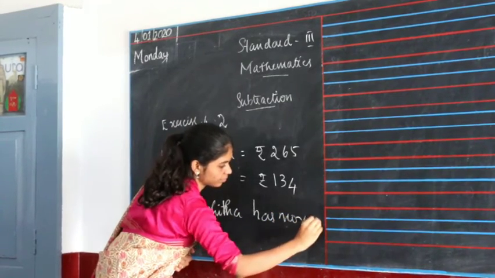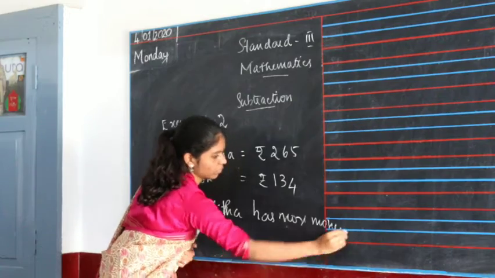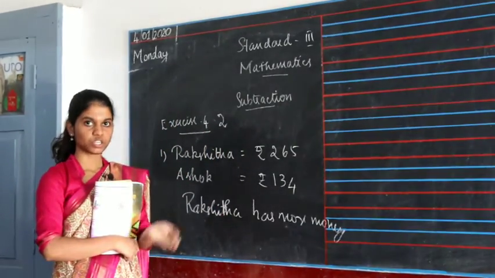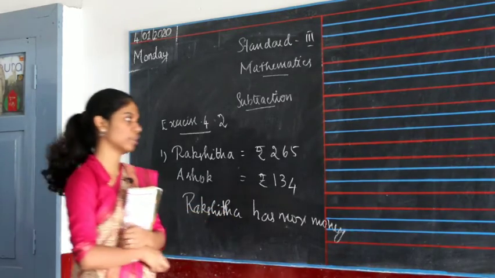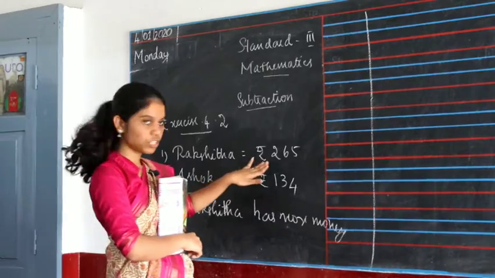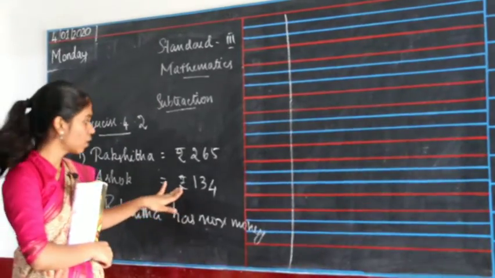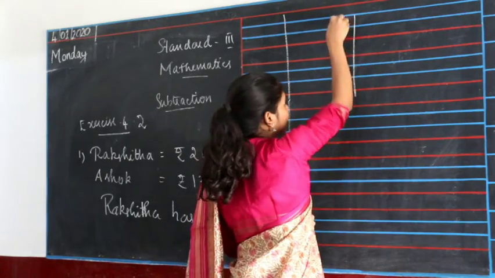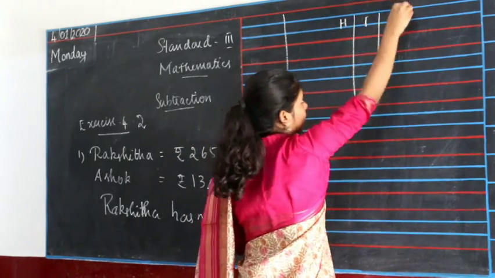Okay. So now they have asked us by how much money she is having more. So what you have to do is subtract whatever he has from whatever she has. Okay. So you will write according to the place value.